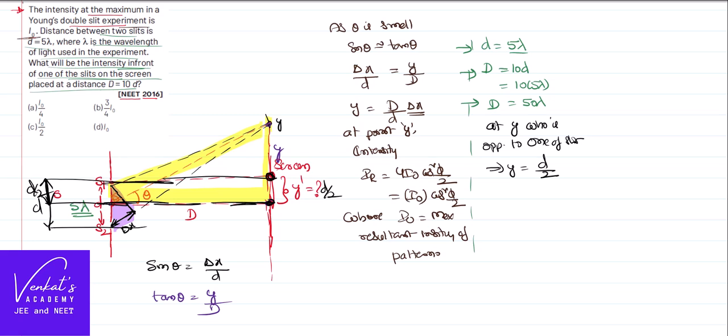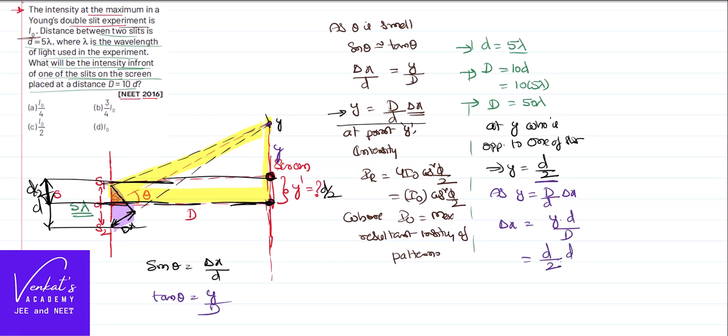So, if y equal to d by 2, what is this delta x? We can find out the value of that delta x from this relation. As it is given that y equal to capital D by delta x, delta x can be written like y small d by capital D. This y is at a point opposite to one of the slits, so that is d by 2, right.